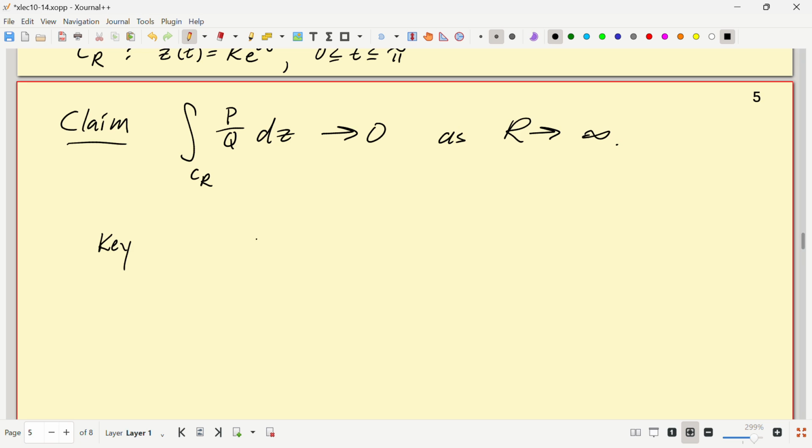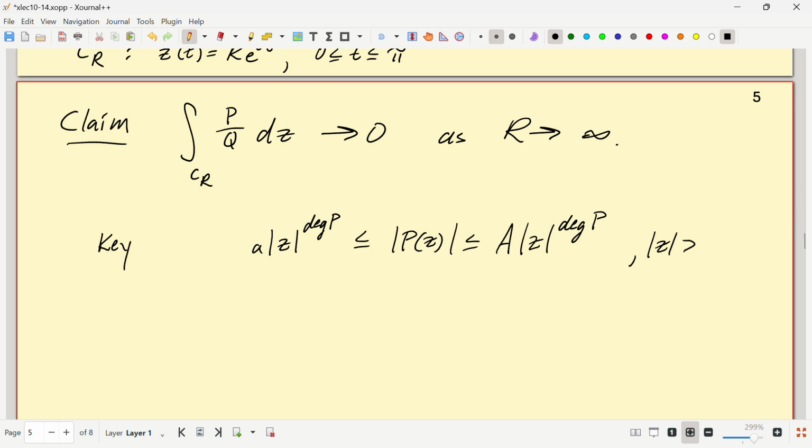We would have a mod z to the degree of p is less than or equal to mod p of z is less than or equal to capital A times mod z to the degree of p. And that would be if mod z is bigger than some radius for p, the p function.